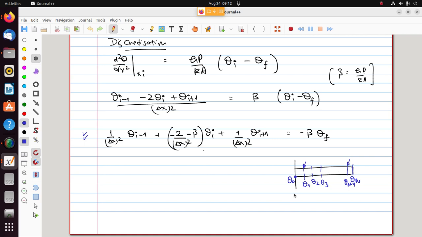So I goes from 1 all the way to n minus 1.